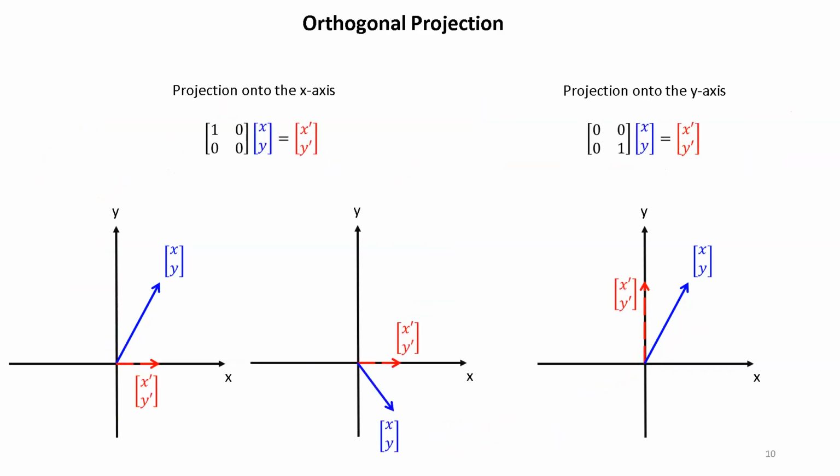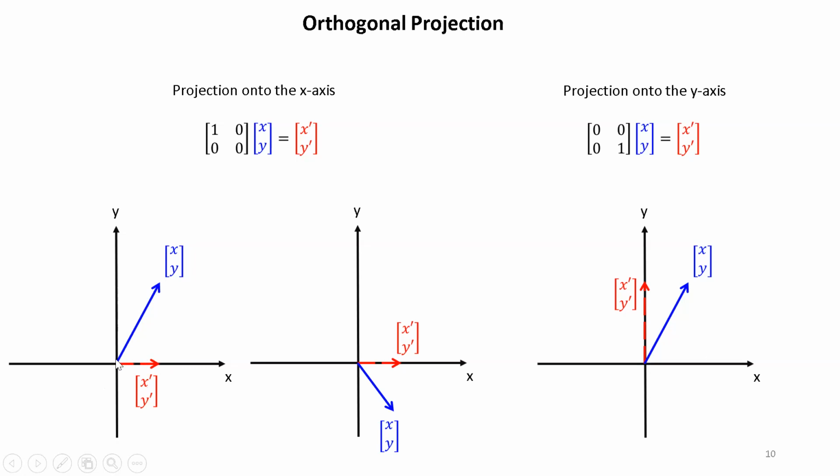The next example is known as the projection. For the projection matrix, I take a vector and project it. For example, projection onto the x-axis means that I just keep the x component of this vector. If I start with this blue vector and just keep the x component, then I'll end up with this red vector here.